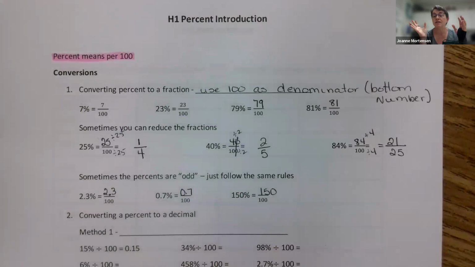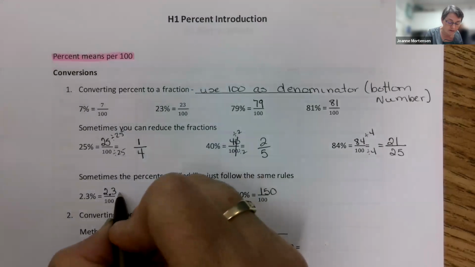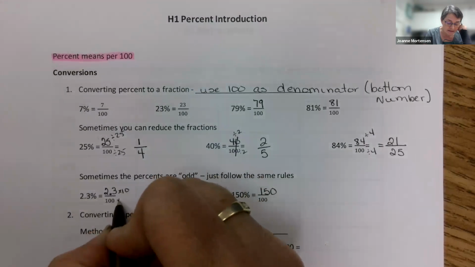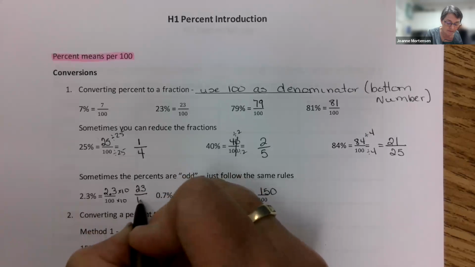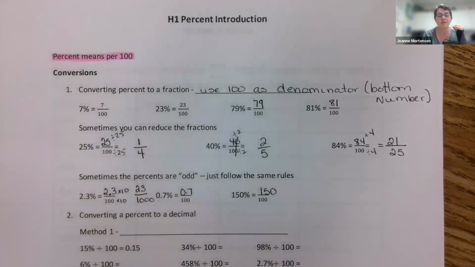Whatever math you're having to do is still going to work completely fine. If it's really bothering you, like it is me, you can multiply this by 10 and this by 10, and you get 23 out of 1,000. And in my world, that looks a lot better.